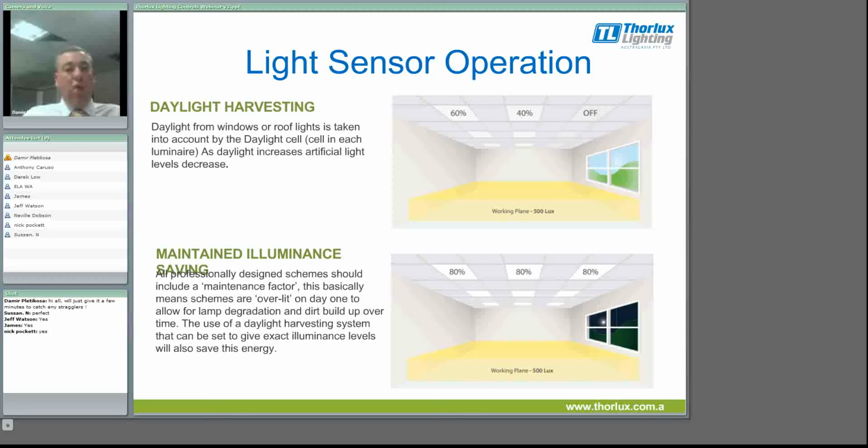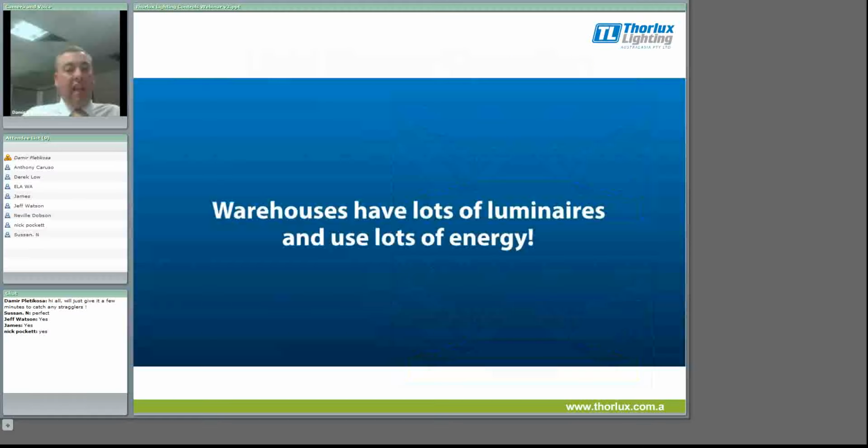So we actually over design the scheme to start with. So we're probably looking at 20 to 25% overlit from day one. Obviously, by using the daylight sensors, we can go in and program the lighting to maintain the 350 or 500 lux, thereby saving a further 20%.